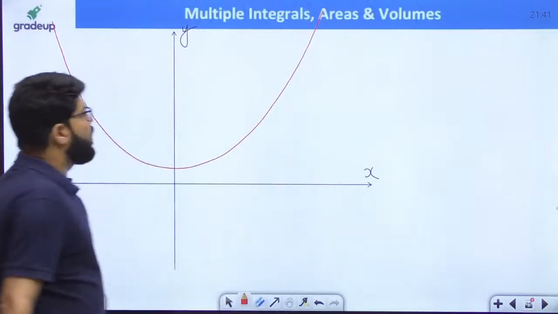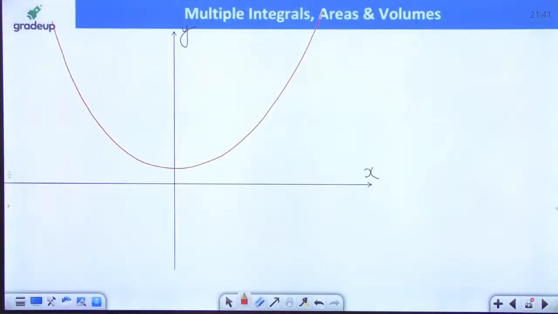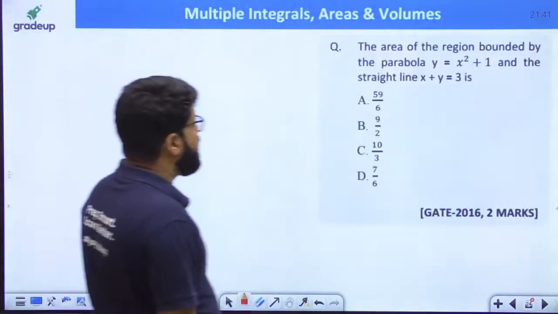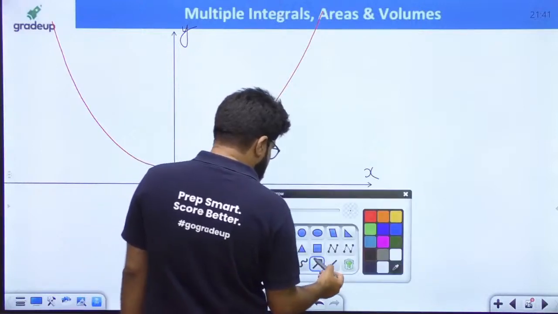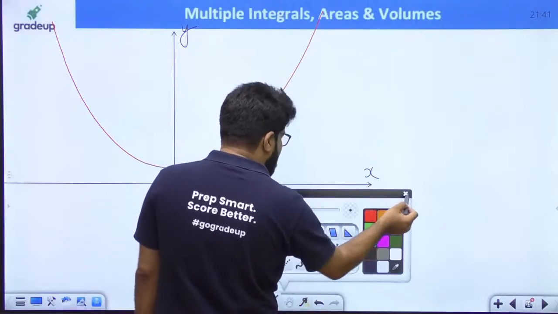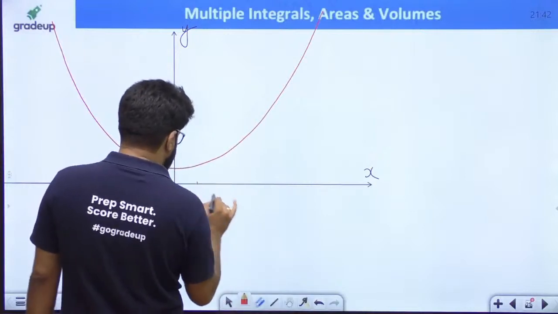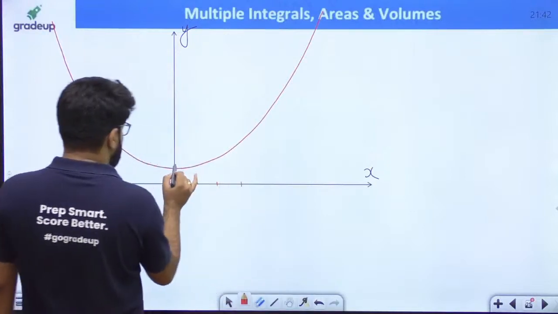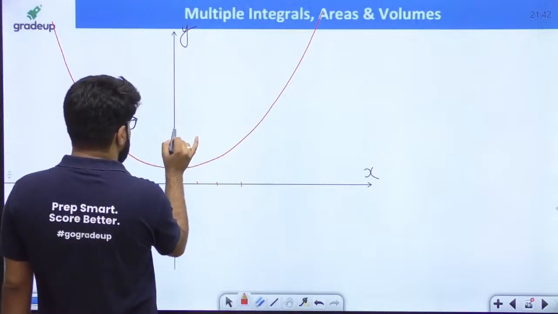Consider this as the parabola y equal to x square plus 1, and the straight line x plus y equal to 3. Okay, x plus y equal to 3 is the straight line having the x and y intercept as 3. Suppose this is 1, 2, 3, and this portion is also 1, then 2, and then 3.